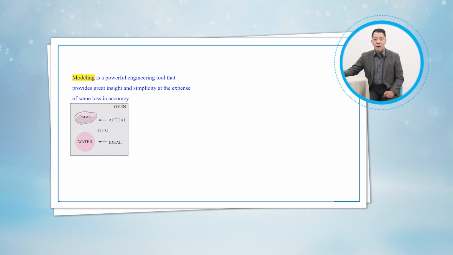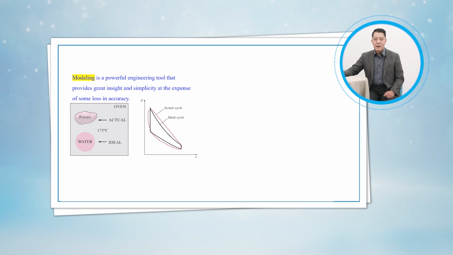Modeling is a powerful engineering tool that provides great insight and simplicity at the expense of some loss in accuracy. We have to keep the complexity at a manageable level and utilize some idealizations. Most power-producing devices operate on cycles, and the study of power cycles is an exciting and important part of thermodynamics.